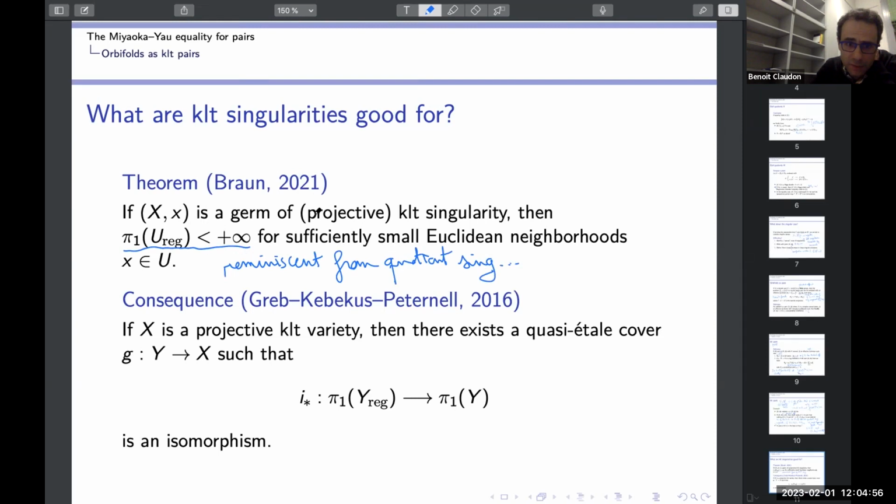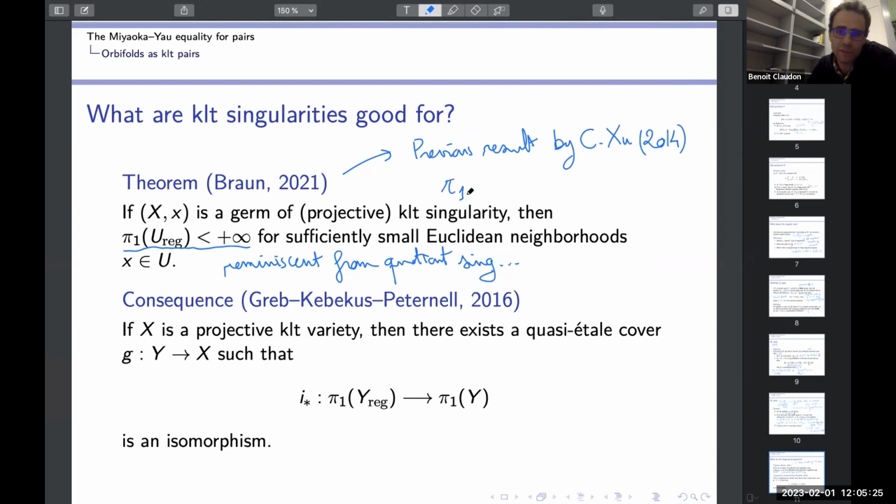So of course, there was this result as a history, and a previous result by Xu in 2014, where he proved that, okay, Xu wasn't able to prove the finiteness of this group, but at least the finiteness of the profinite completion of something a bit smaller, the pi1 of the link.